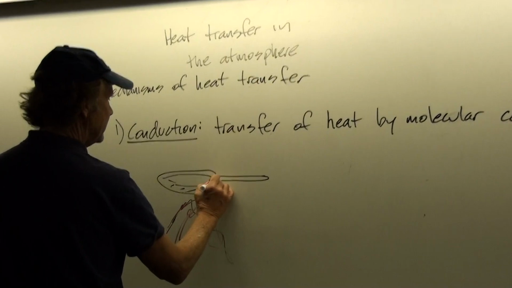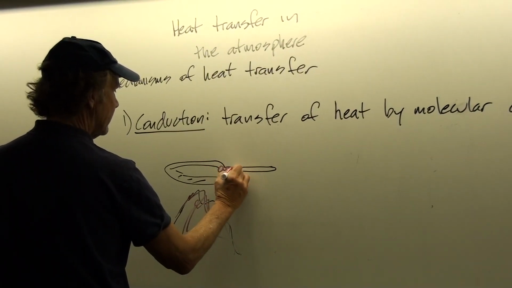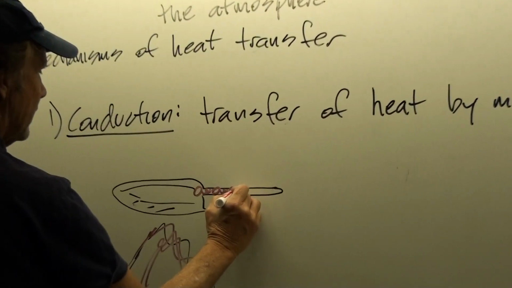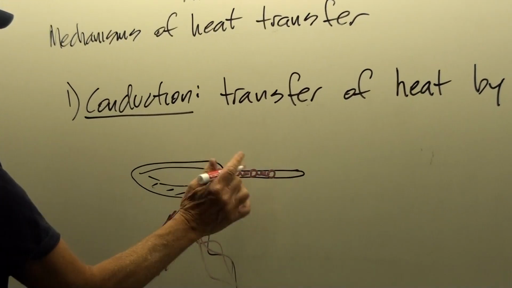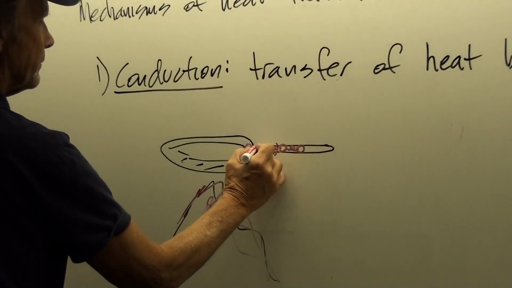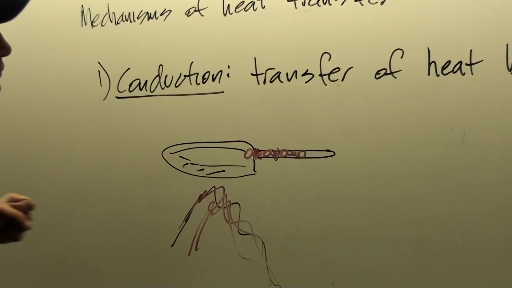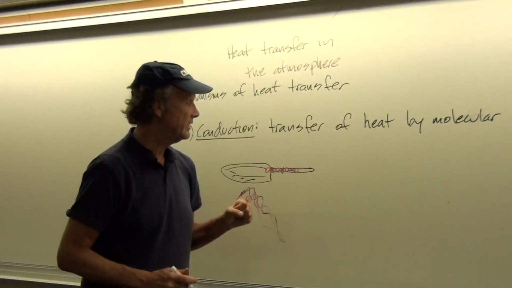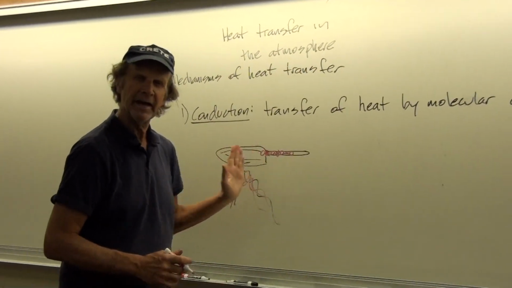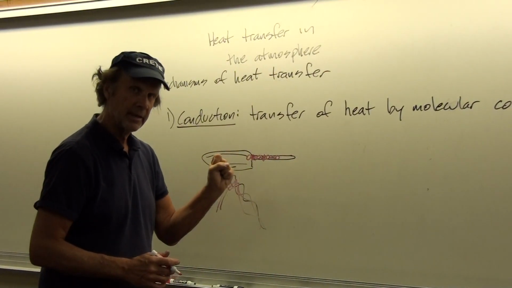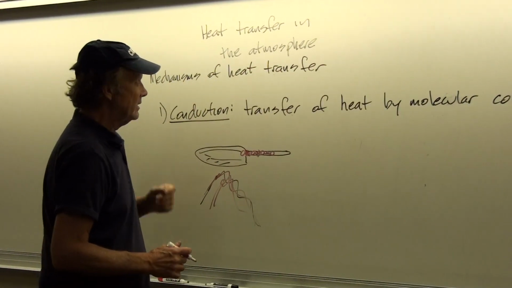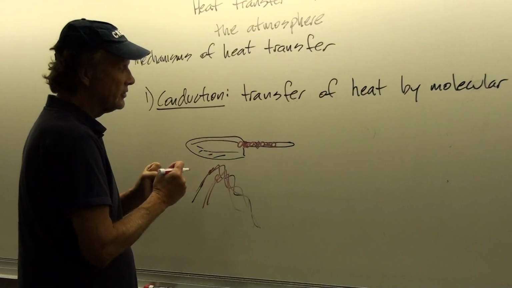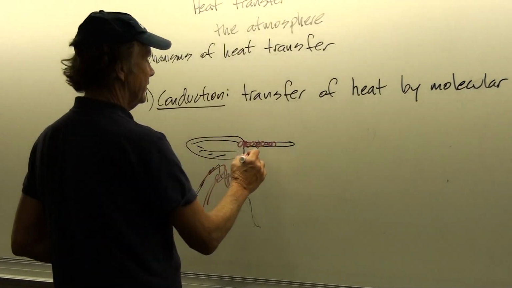And then what's going to happen is that the molecules that are inside of the metal are going to start to vibrate more quickly. Okay, and so instead of the molecules moving faster the way they do in a gas, they vibrate back and forth because they're held in place by the solid structure of the metal.